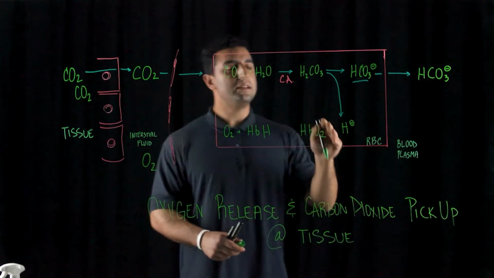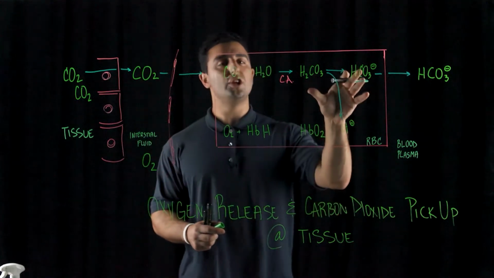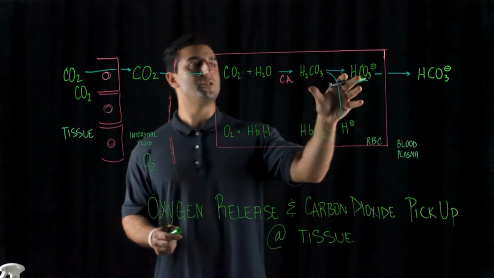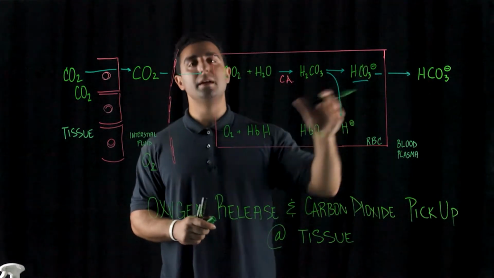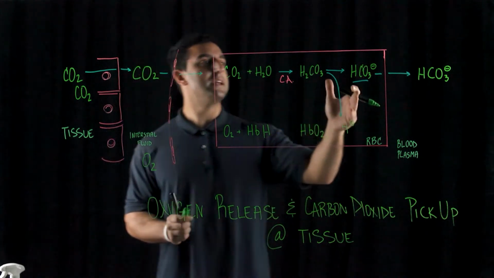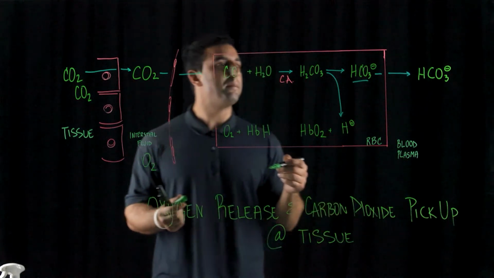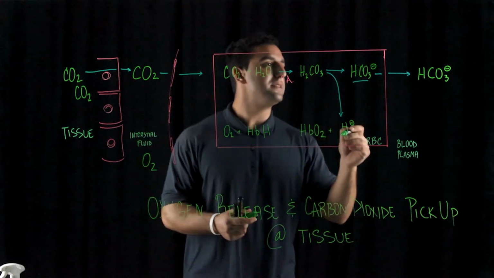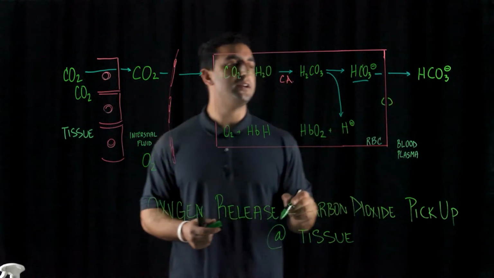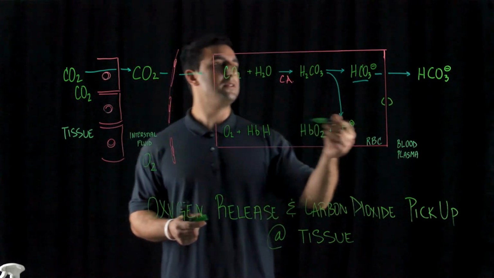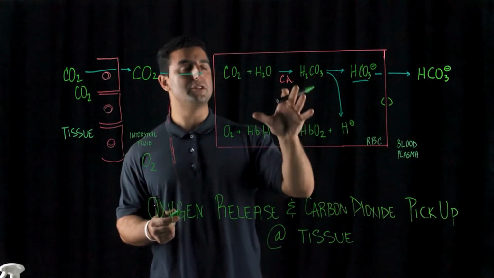One thing that happens before anything is a change in electrical potential. The entire red blood cell, whenever it loses the bicarbonate, becomes more positive. It loses a negative, so it becomes more positive, and you have to maintain this electrostatic balance. There are chloride channels that are usually open when there is an abnormality in the electrical balance.